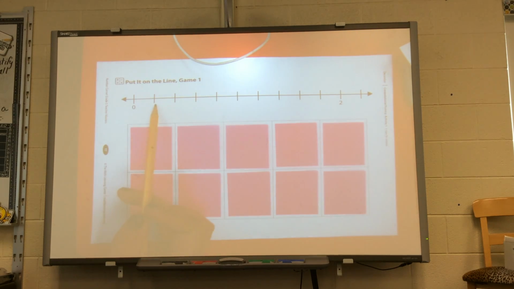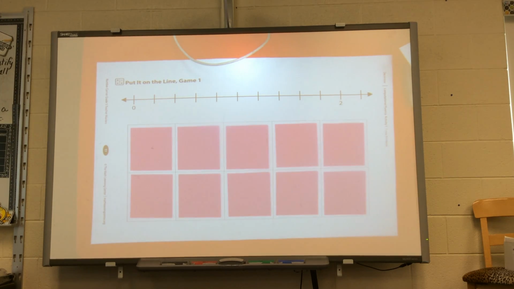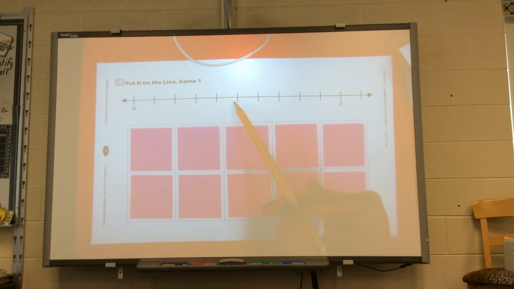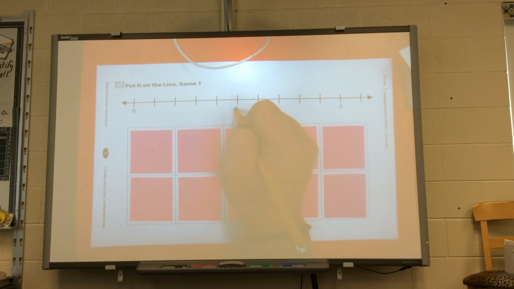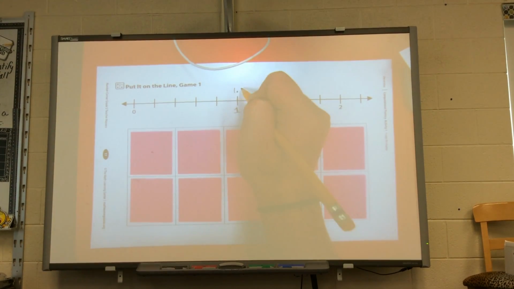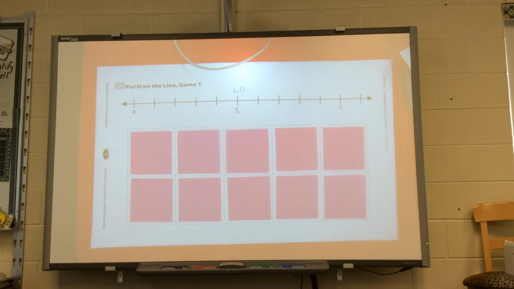This line right here? Paige? It would be right in the middle, right? So it would be this one right here? All right, and so we are going to label the number line with a decimal and a fraction.